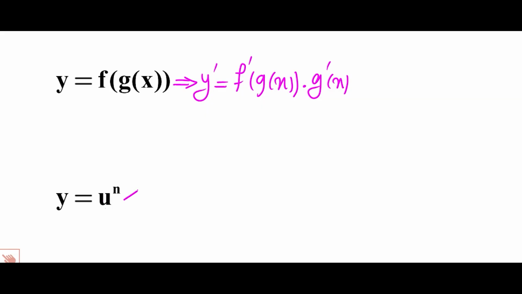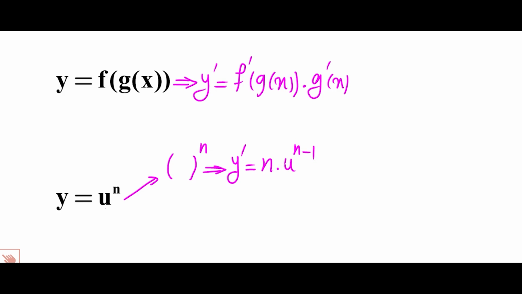In this function, u to the nth power as a whole is the outside function and u is the inside function. So differentiate the outside, if u is just a variable, so we have y prime is equal to n times u to the power of n minus 1.